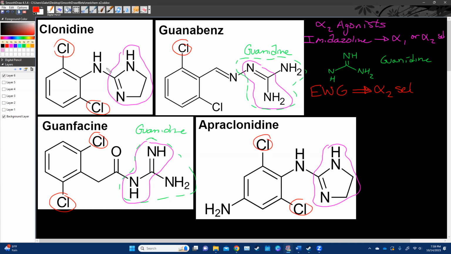And what's the effect of having this nitrogen connected directly to the ring? Is that withdrawing or donating? It's also withdrawing. So we have several different kinds of withdrawing groups here. All of them are going to make us very alpha 2 selective.